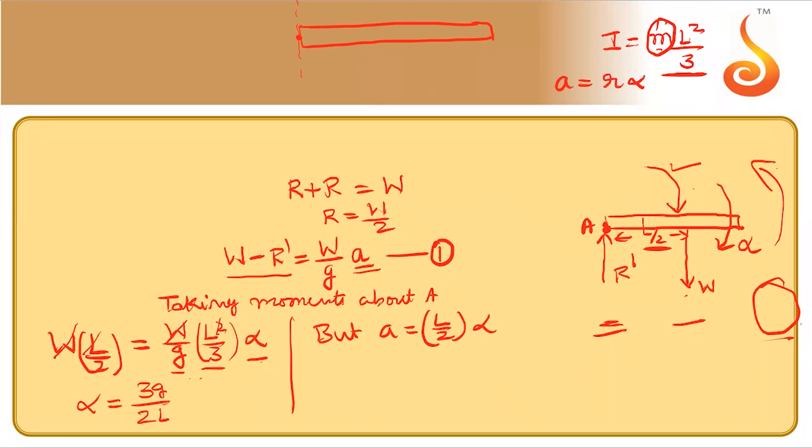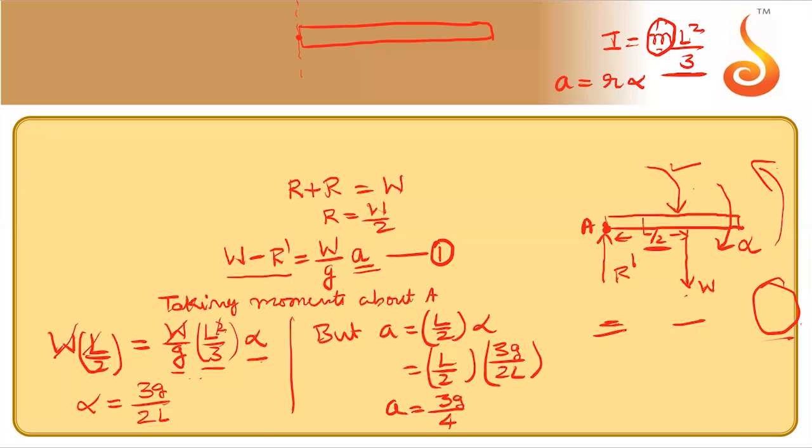The distance is L by 2, so A is L by 2 into 3G by 2L. L will get cancelled, and we get 3G by 4. So the acceleration will be 3G by 4.